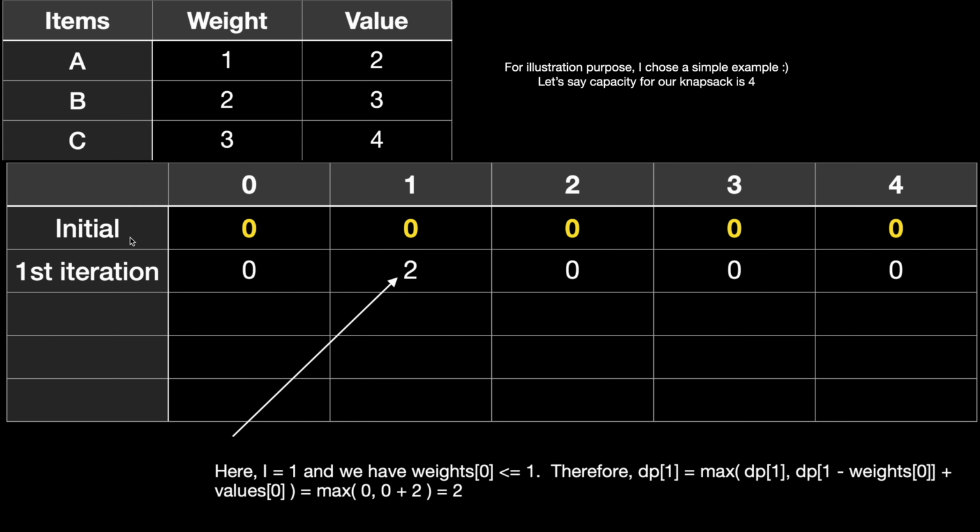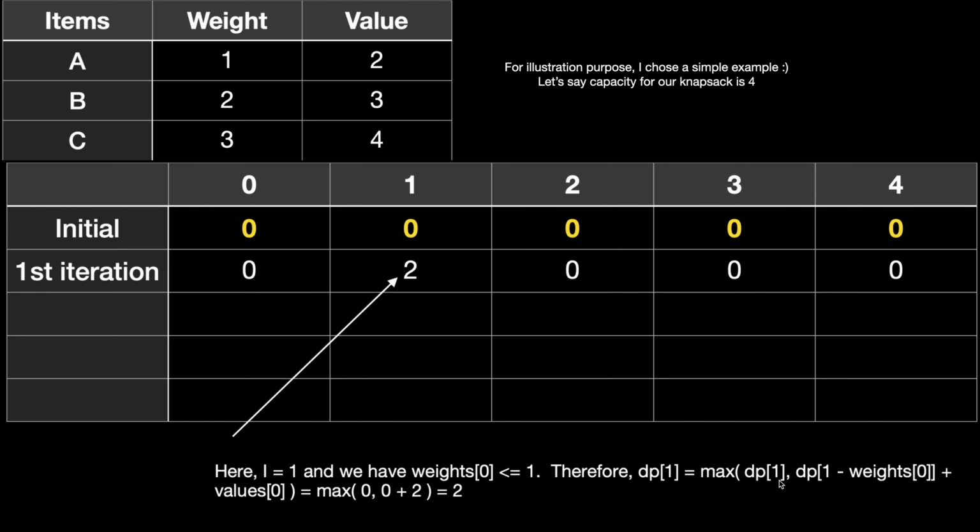So when knapsack's capacity is 0, then everything is just 0. So there is no question about that. When our knapsack's capacity is 1, then we iterate this, and here we see that the first item's weight, that's 1, is less than or equal to this guy. So we take that one. So we choose item A, and then we take the maximum.